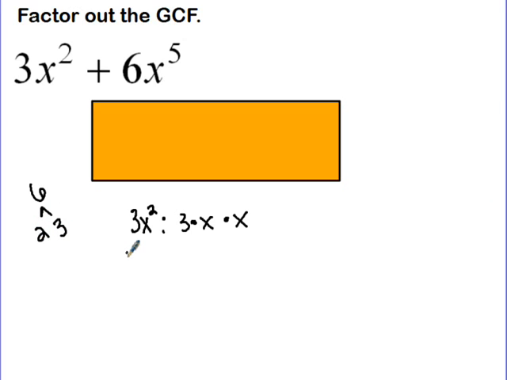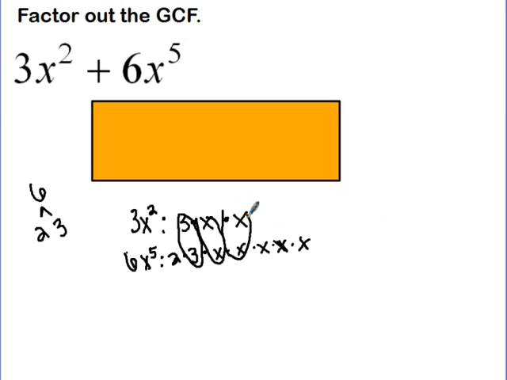So over here where I have 6x to the 5th, that would be 2 times 3 times x times x times x times x, and one more, times x. Alright, so what do they have in common? We can circle. They have a 3 in common, and they also have 2 x's. So the GCF is 3x squared.